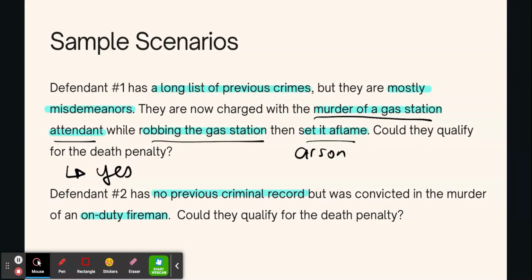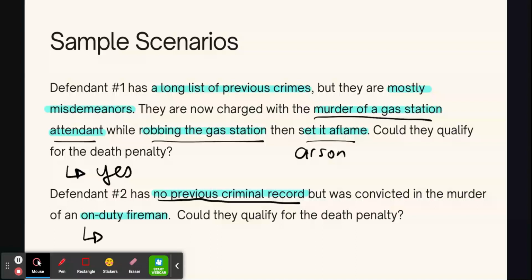Now, this one's a little tricky because you would likely be inclined to say no, because they have no previous criminal record. However, in most states, if you murder a peace officer, so a police officer on a traffic stop, or a fireman, and there have been some bills proposed to include EMTs, you can automatically qualify for the death penalty.